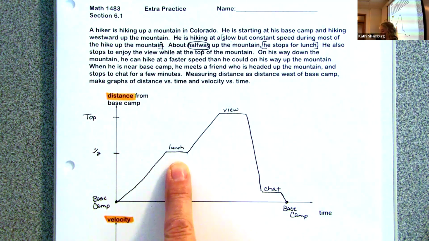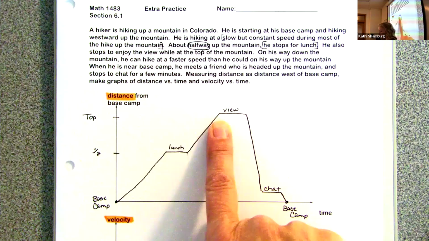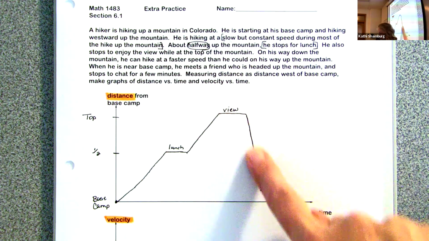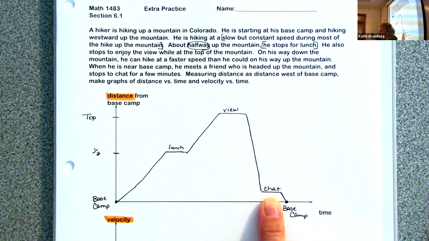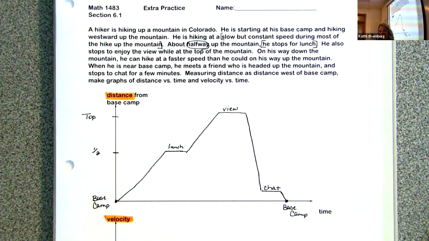Up the mountain, halfway lunch. Top of the mountain, view. Faster down the hill, stop and chat, going, hey, I'm on the way down, good luck, you're on your way up. Then the rest of the way to base camp, okay?